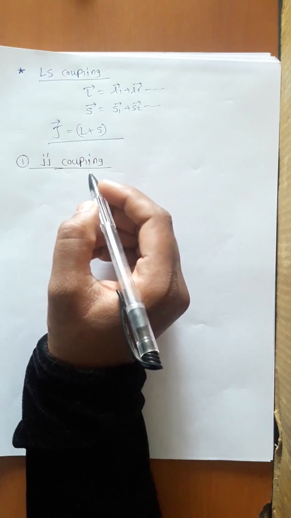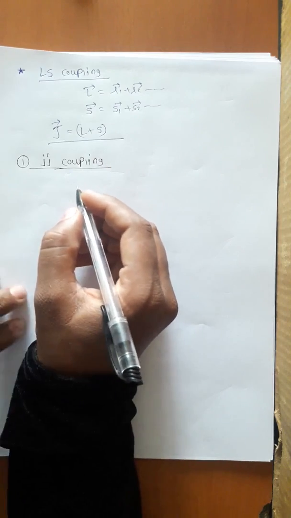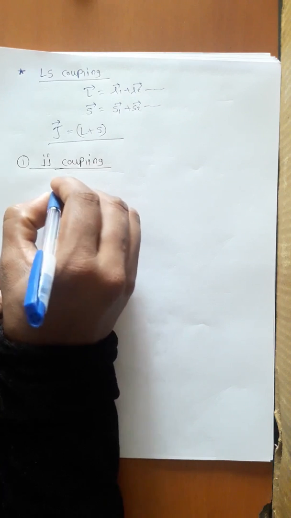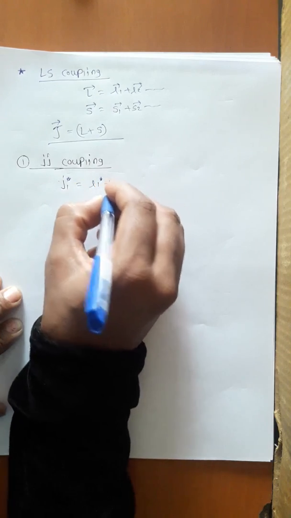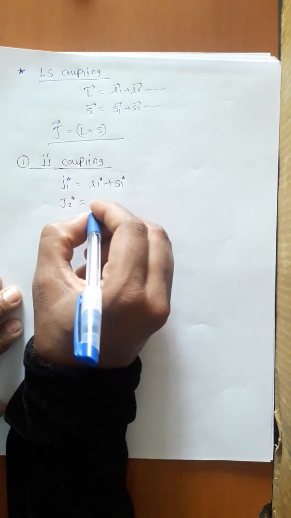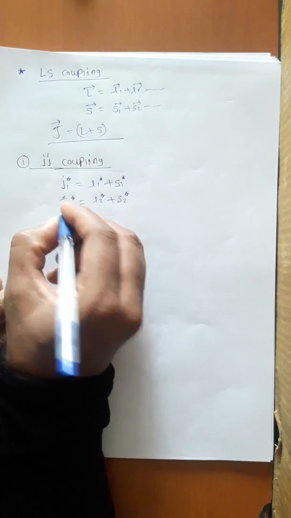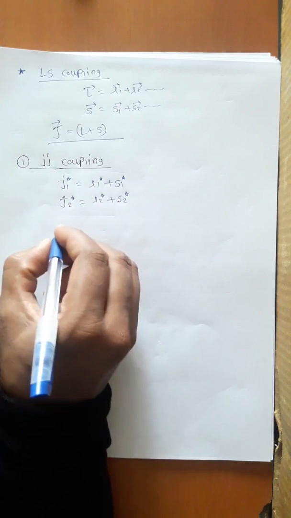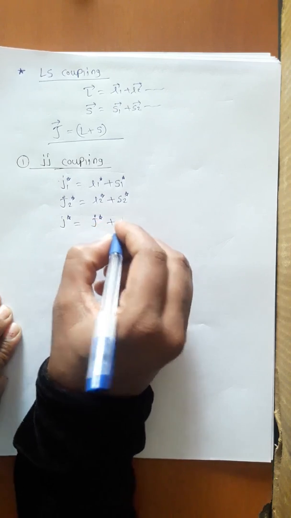Suppose J1 star is a combination of L1 star plus S1 star, and J2 star is a combination of L2 star plus S2 star, and the resultant of J1 and J2 gives the value of J. J star is equal to J1 star plus J2 star.